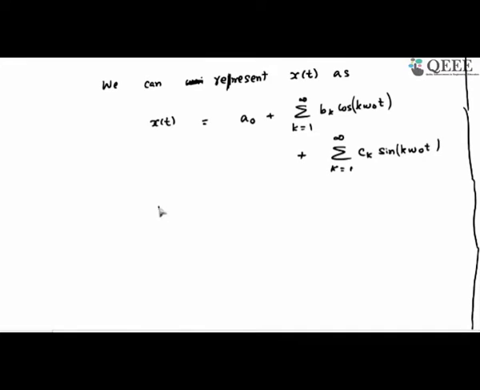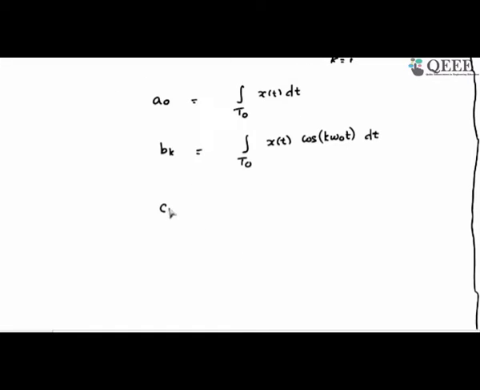Here a naught is nothing but the area under this function over duration t naught, and bk is obtained by multiplying x of t with cos k omega naught t and then integrating. ck is the integral over t naught of x of t sin k omega naught t dt.